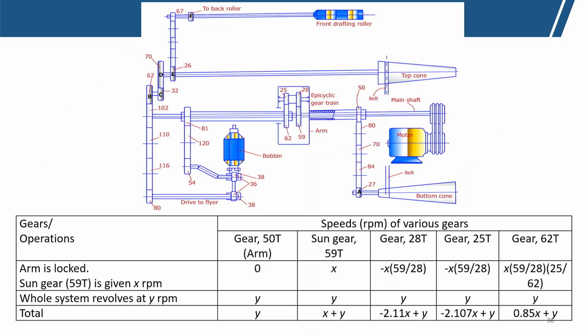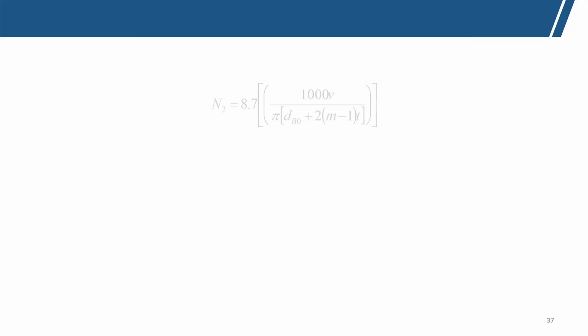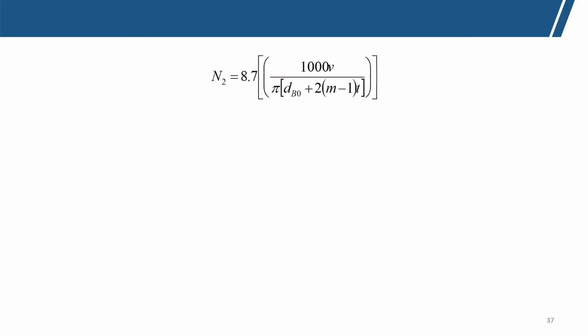Now, with this diagram and this relationship, we can calculate N2 is equal to 8.7 multiplied by 1000 V by pi, dB0 plus 2 m minus 1 T, that we have discussed here.